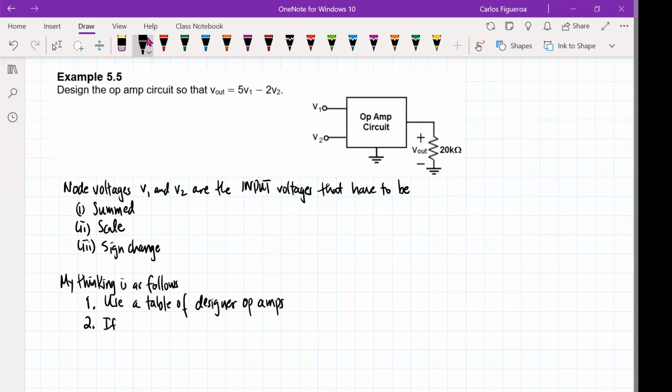If you can't find it, build the op-amp circuit using multiple stages.